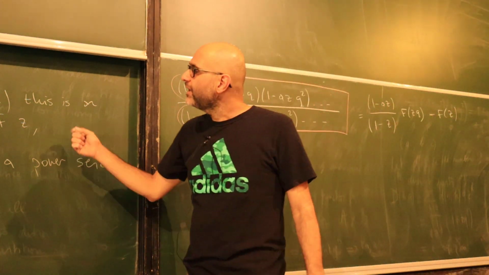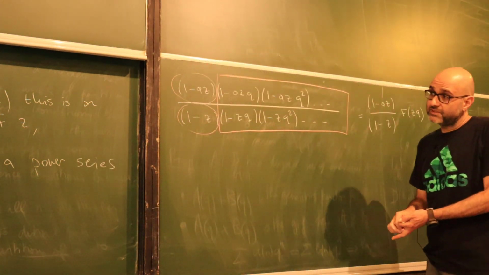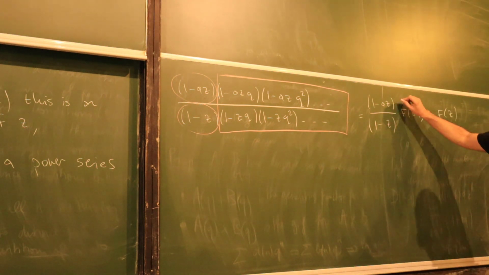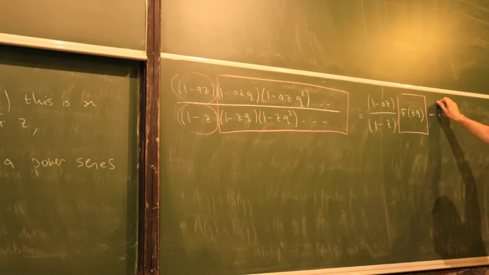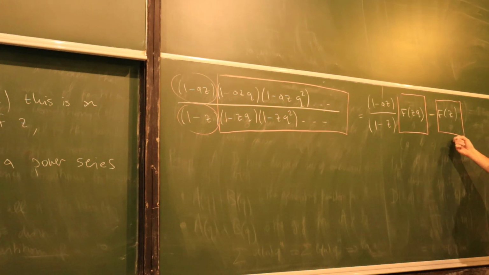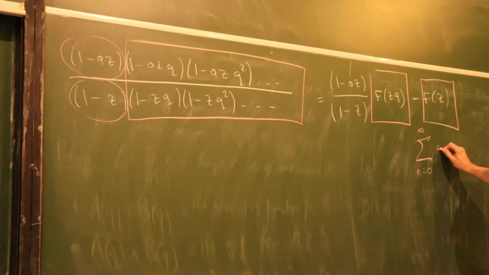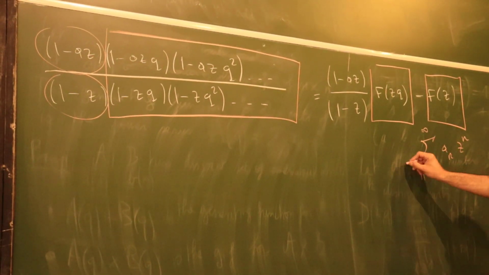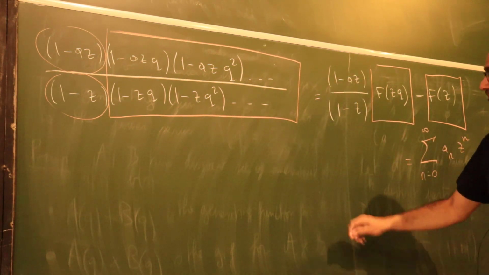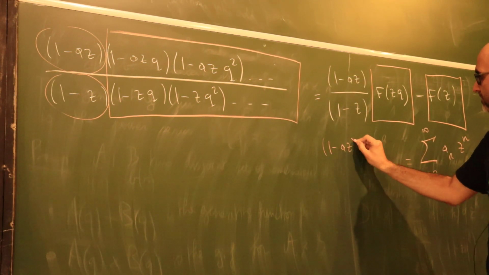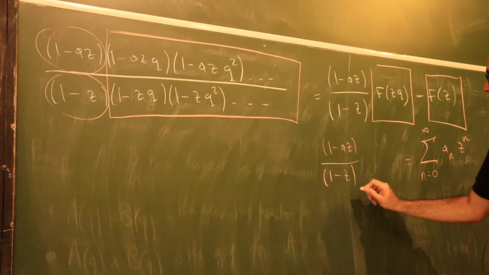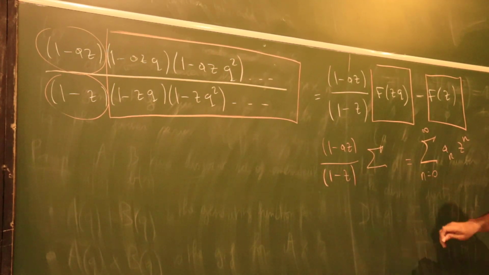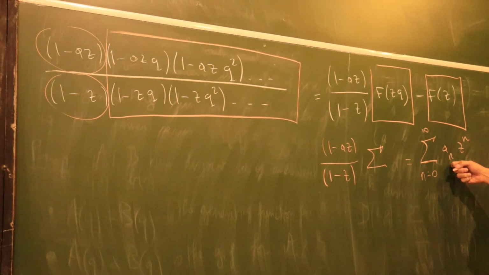Then, if we write F as a power series, the right-hand side is the sum from n equals 0 to infinity of a sub n, z to n. The left-hand side is going to be this rational function in front, divided by 1 minus z, times the same sum where z is replaced by z times q.